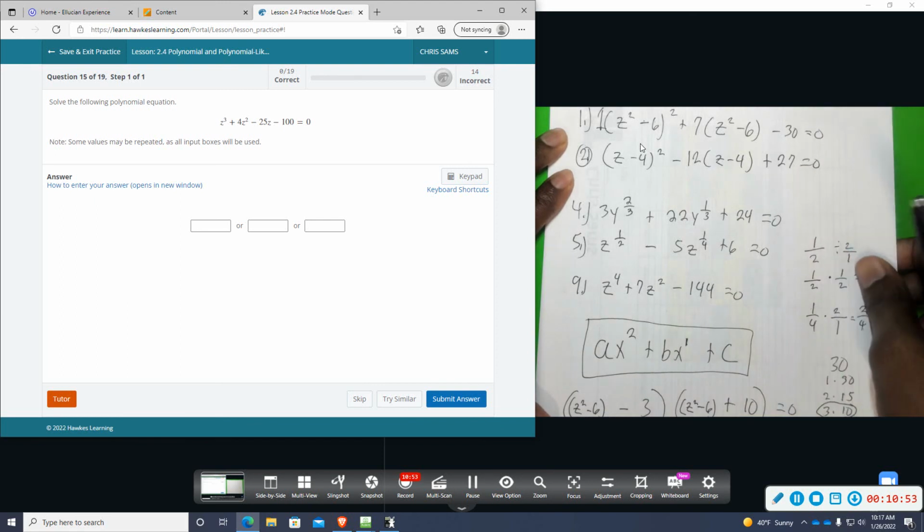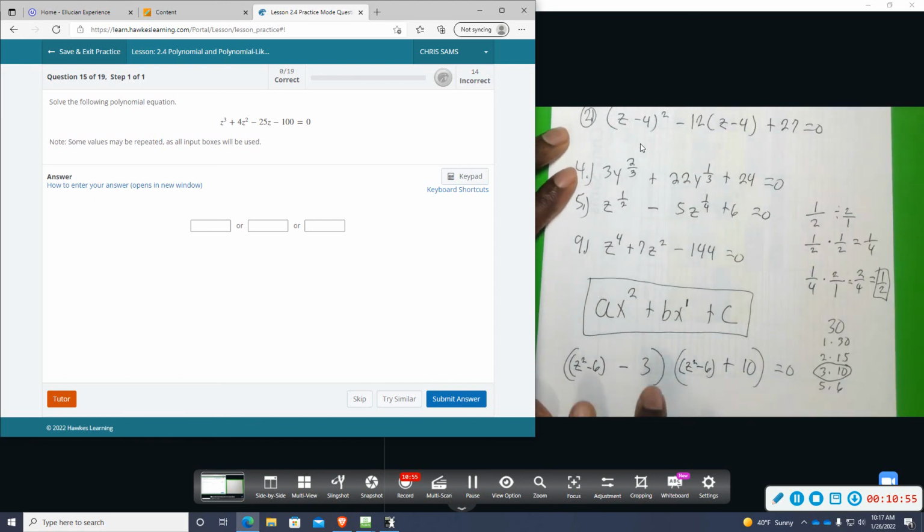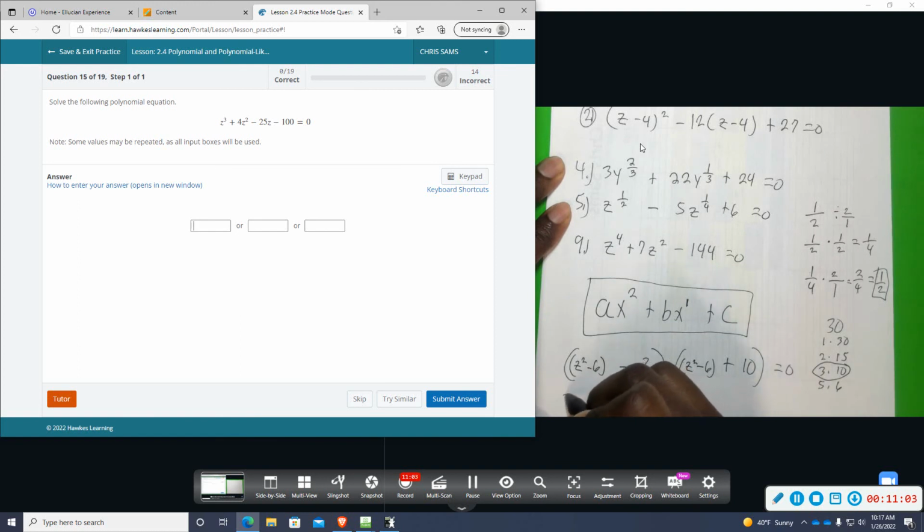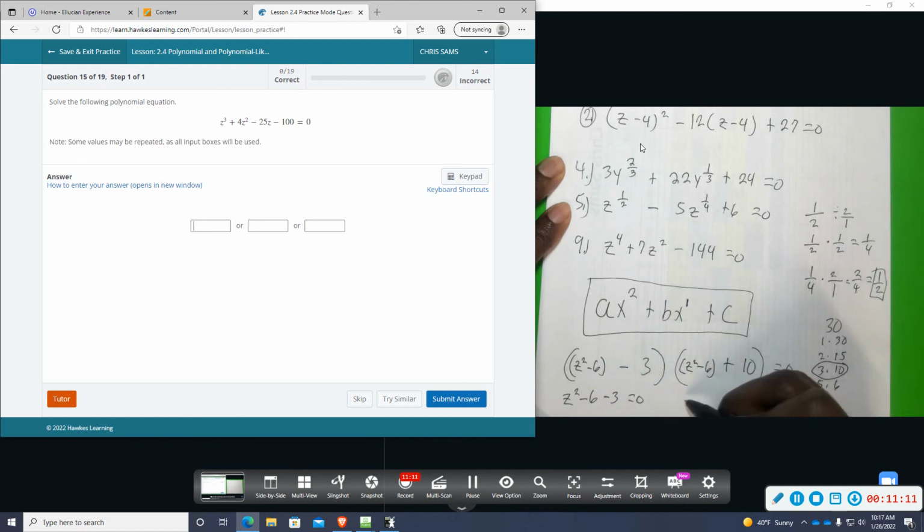All right, so we factored the problem, and then from here we're going to set each of these terms equal to 0. I can't do anything in parentheses here, I'm just going to drop them. So what I have is z squared minus 6, and then minus 3 equals 0. And then over here I have z squared minus 6 plus 10 equals 0.